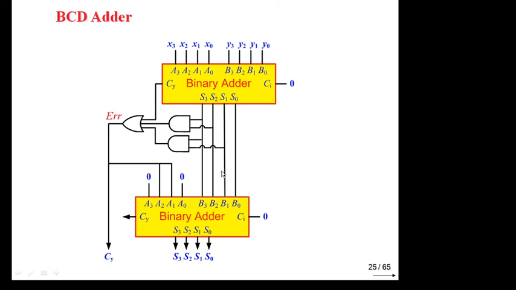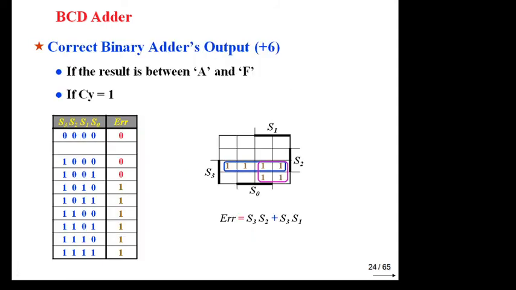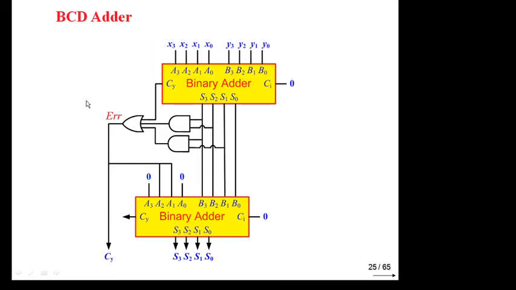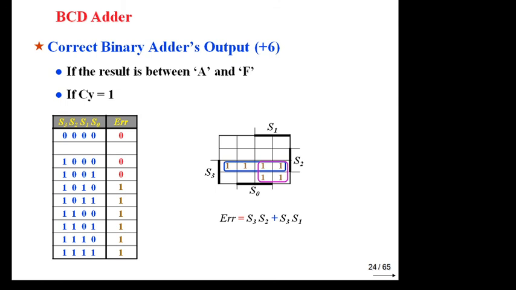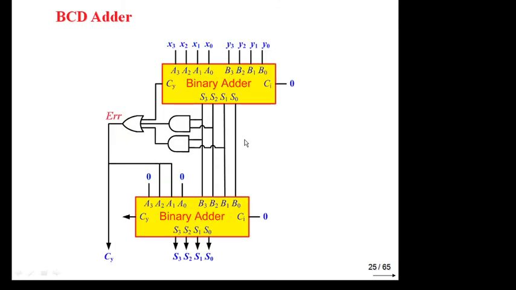Then you have to add 6, and for this you have already determined the factor S3 S2 plus S3 S1, and one case is Cy equal to 1. This is S3 S2, this is S3 S1.